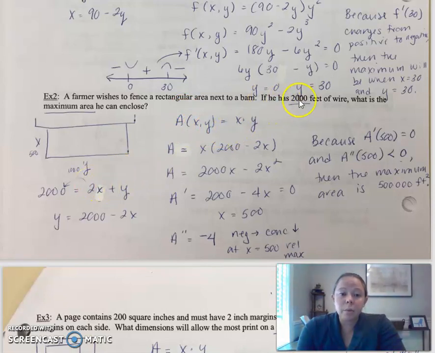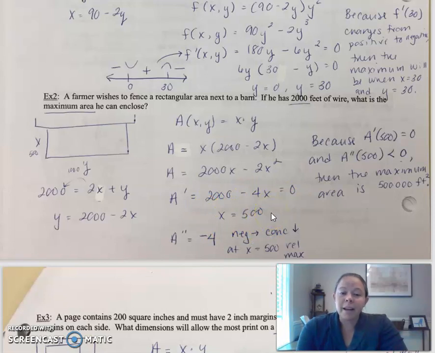And they said we have 2,000 feet of wire. So I made x and x, and we have 1 y. So 2,000 equals 2x plus y. Solve for whatever the easy variable is, solved for y. And that's what we'll substitute into our area formula. And now we can do the derivative very easily. So that's what I did. Did the derivative, set it equal to 0, got x equals 500.